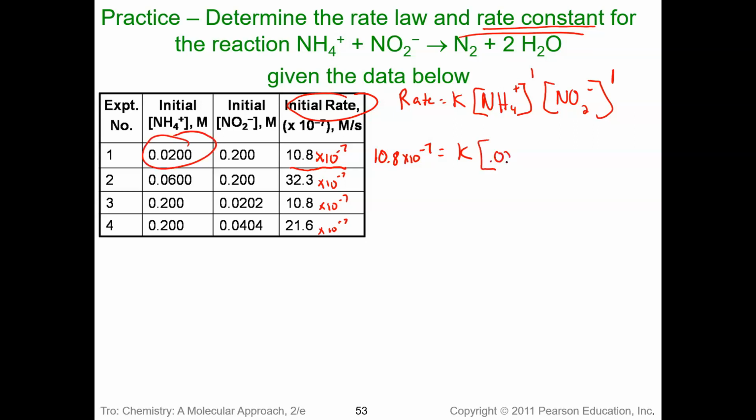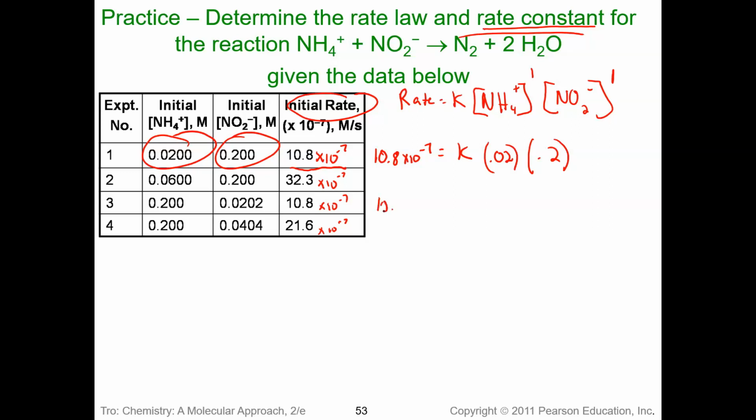So 0.02 to the 1, I'm just going to ignore it, times 0.2 to the 1. So you can pretty much just ignore it, right?